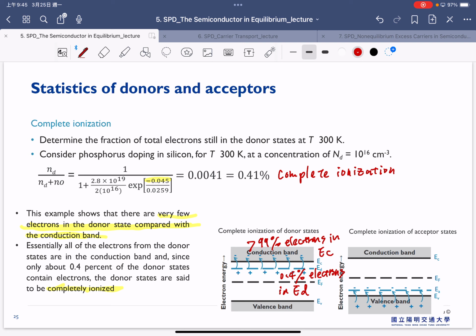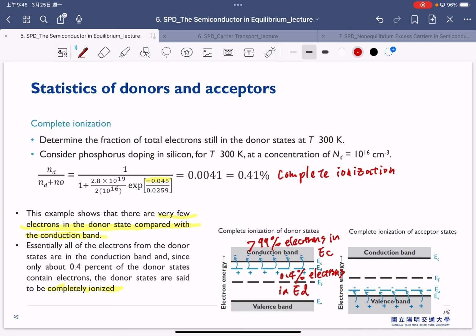Therefore we can say this is complete ionization. Since this is the case for silicon, most people working on silicon devices can probably just ignore the issue of ionization energy, because the ionization energy is very small and that is almost equal to complete ionization.